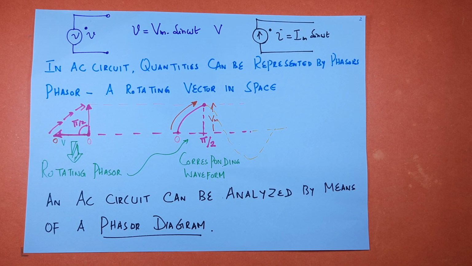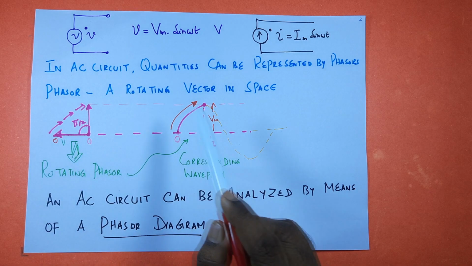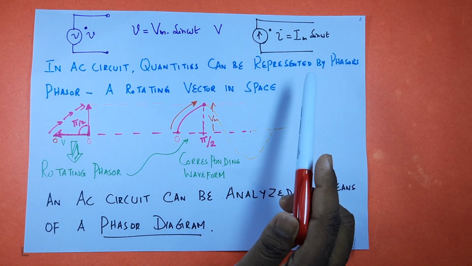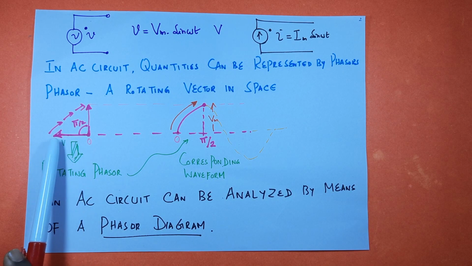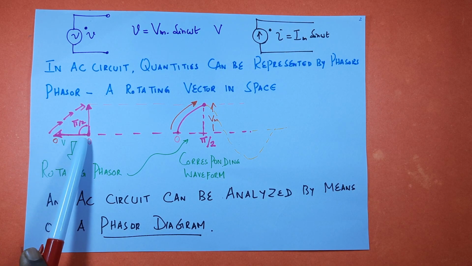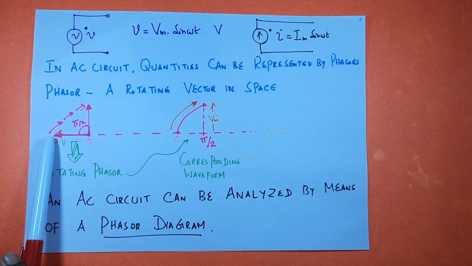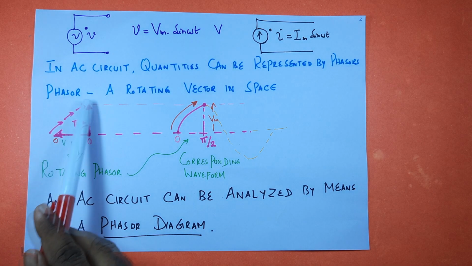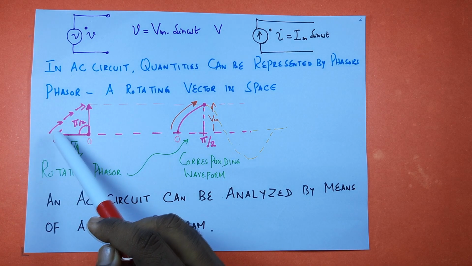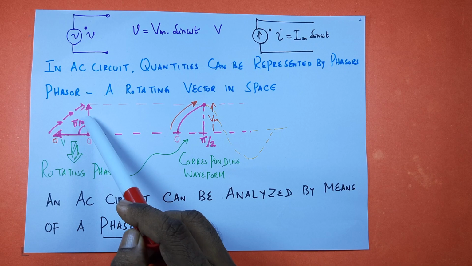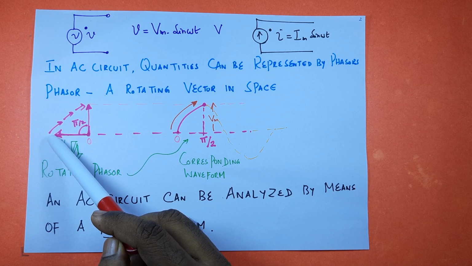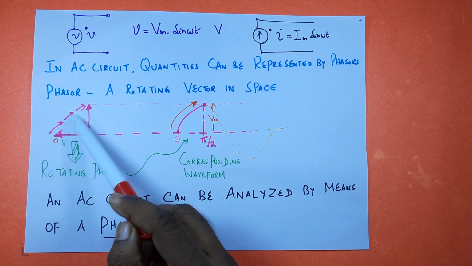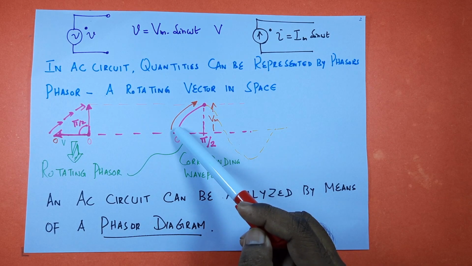In an AC circuit, quantities can be represented by phasors. What is a phasor? A phasor is nothing but a rotating vector in space. For example, say this is a voltage phasor. This is the starting position. Suppose this phasor is moved in this direction, after some time, that is after pi by 2 or 90 degrees, it reaches this position. So the path traced by this phasor is like this.